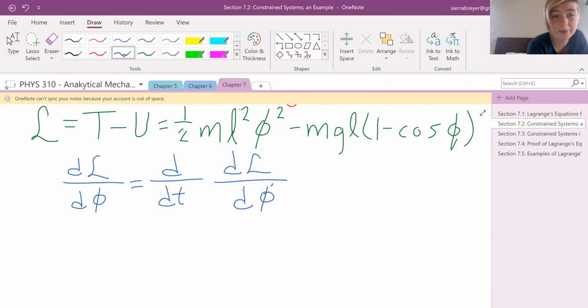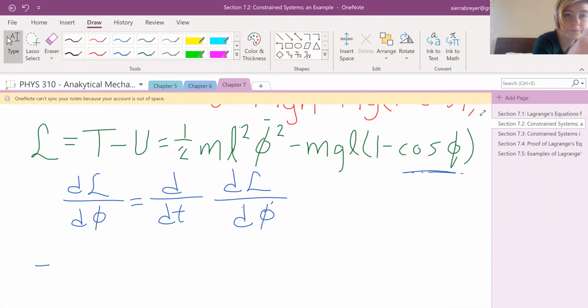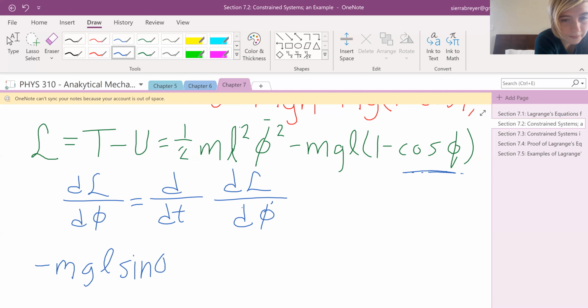Okay, so now that we have this written down, we're going to actually do it. The derivative of the Lagrangian with respect to theta is just going to leave us with this part. The other theta is the theta dot. So we end up with mgl sine theta. Everything else is a constant, and it just goes away.